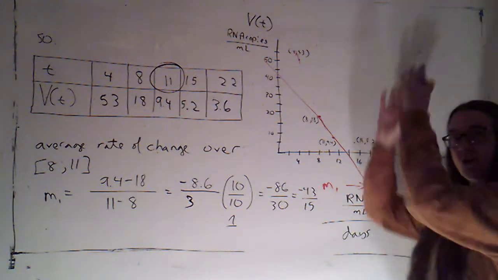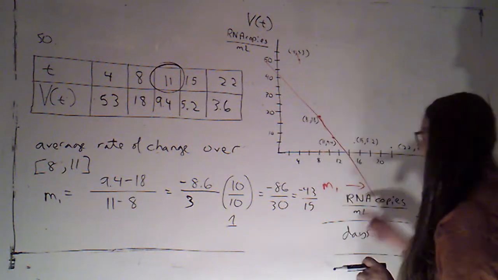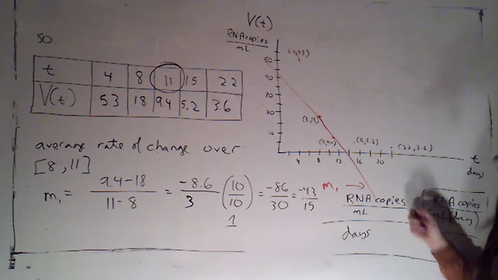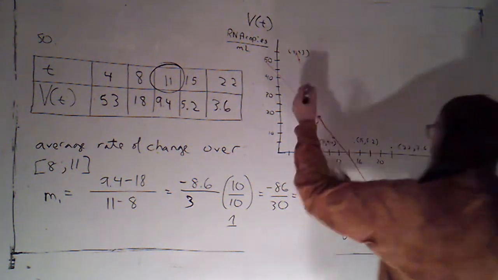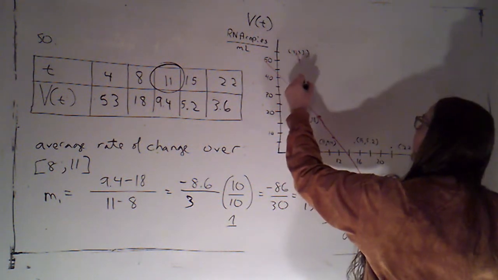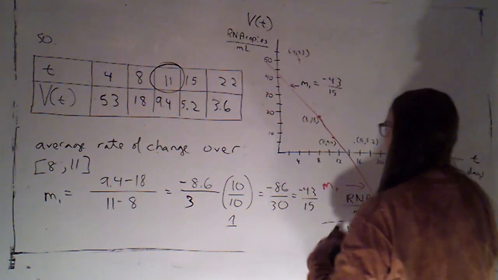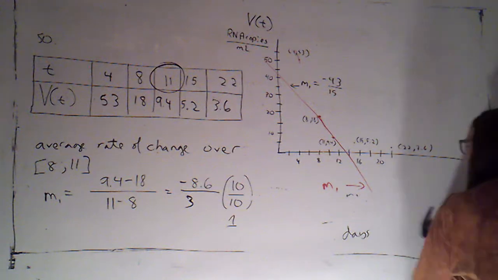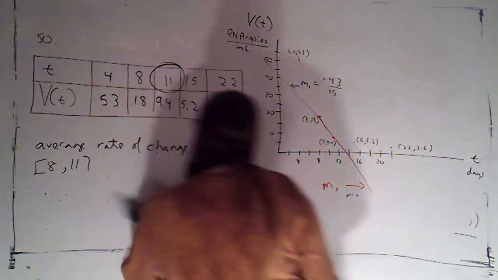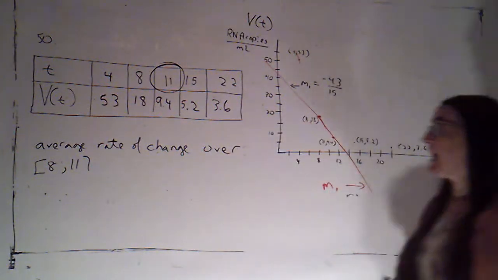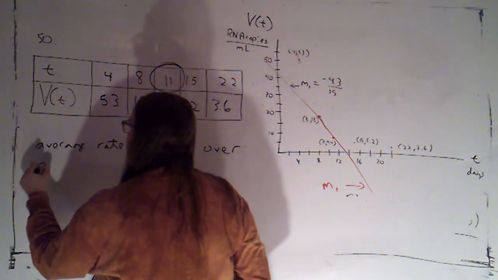They're basically a fraction of change in this over change in that, but one of those things might have itself already been a fraction. Okay, excellent. So we've got that. So I'm just going to write that in here as M1 was negative 43/15. Now, let's calculate the average change in the time interval that we have after time 11. So that would be going from 11 to 15.